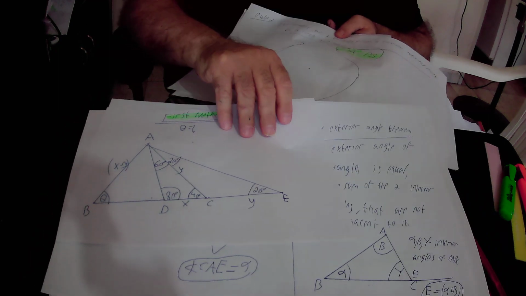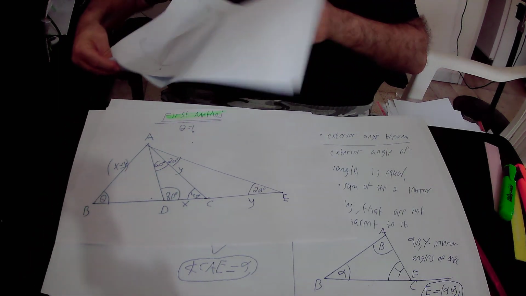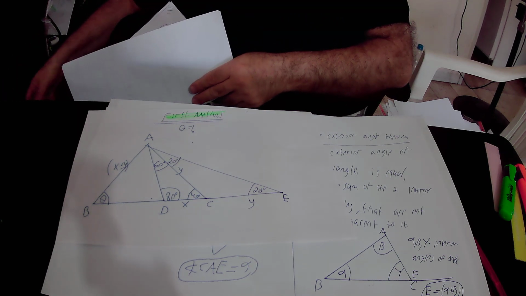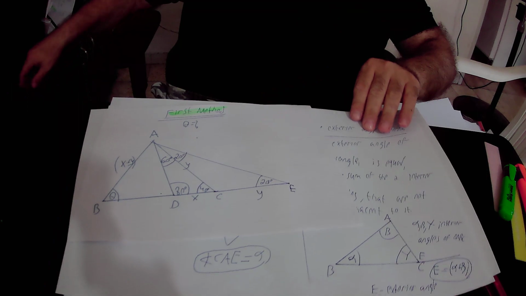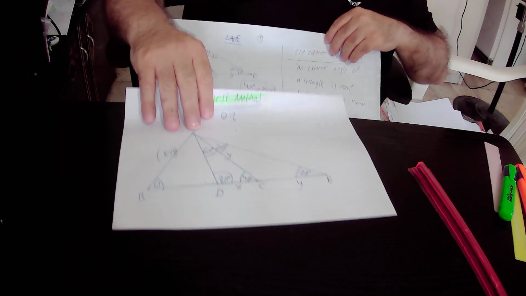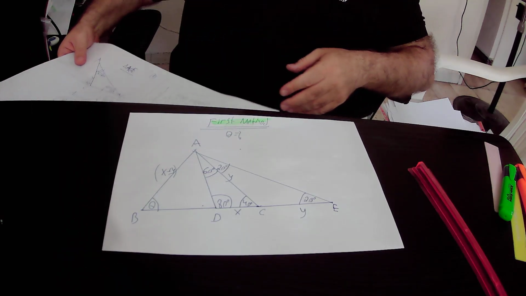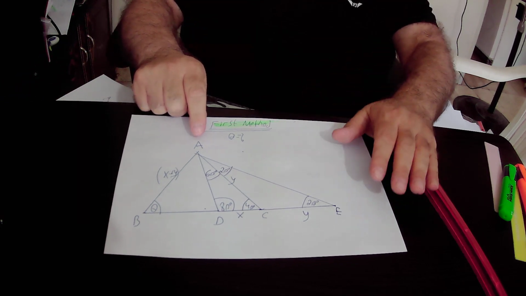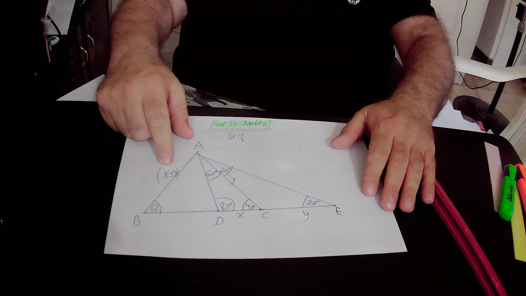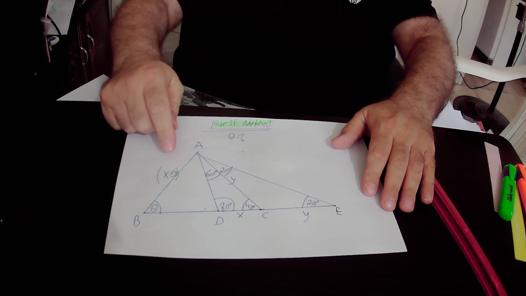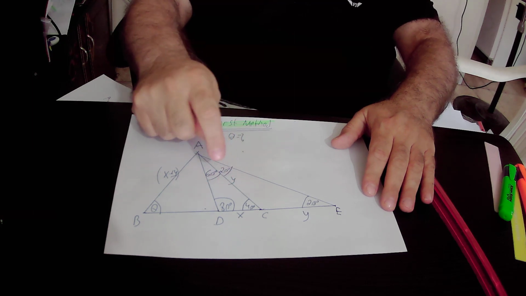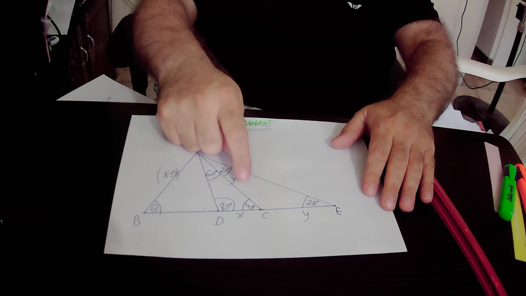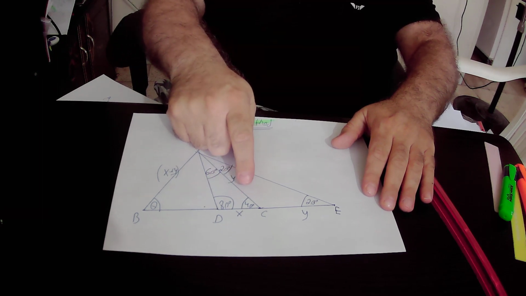So here in the drawing we have triangle ABC, side AB equals x plus y, angle DAC equals angle ADC equals 80 degrees, angle ACD equals 40 degrees, side DC equals x.